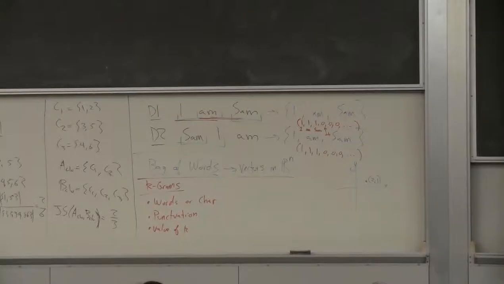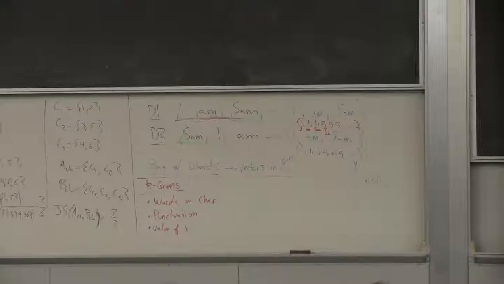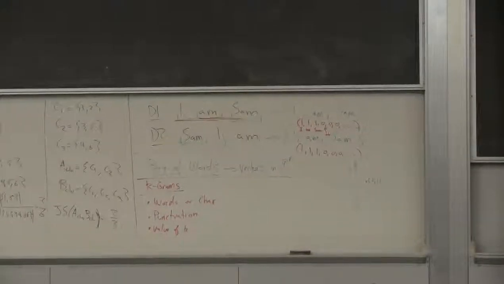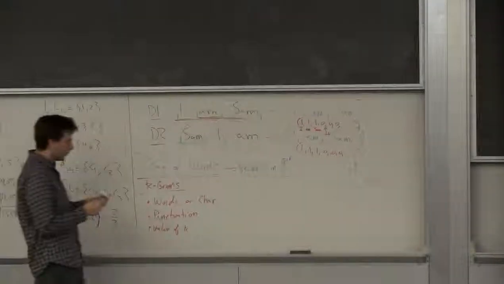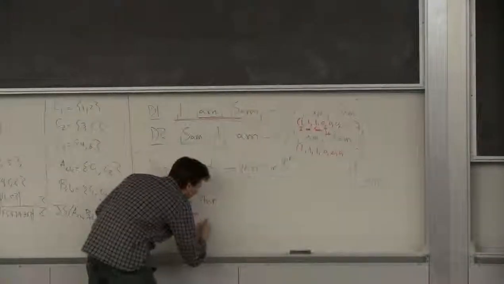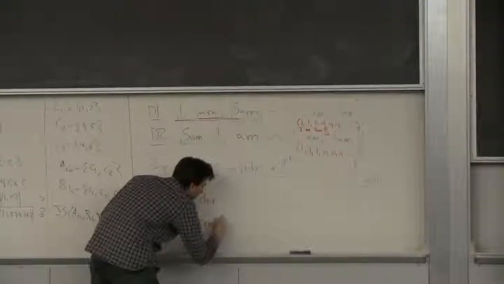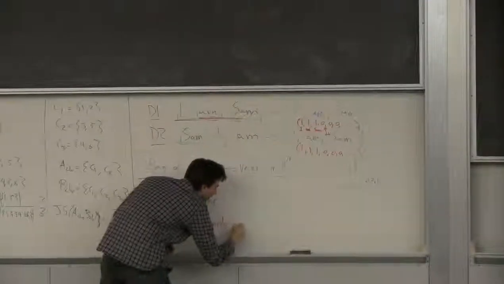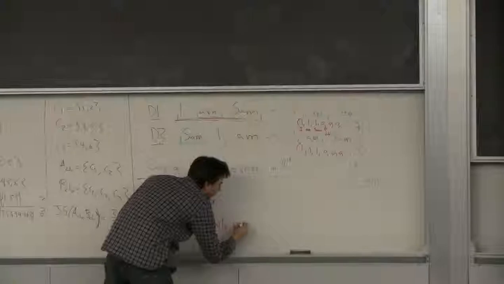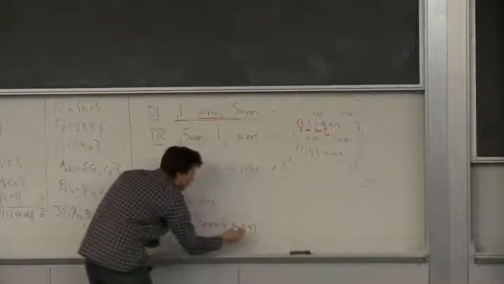If I use k equals 2, that may seem like it's too short, but for shorter documents, a value of k equals 2 or 3, if you're doing characters, is often pretty useful. So if you're doing something short like emails, you want to do 2 or 3.